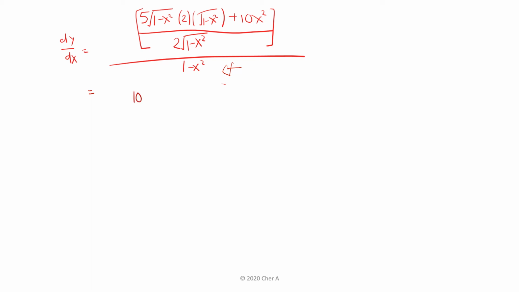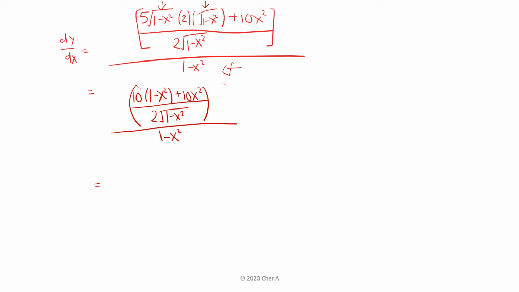And then I have this square root and this square root multiplied by each other, so I'll be left with 1 minus x squared. The square roots are removed. And then plus 10x squared over 2 square root 1 minus x squared. So this is the monstrous numerator on top. And then of course we cannot forget our v squared at the bottom.